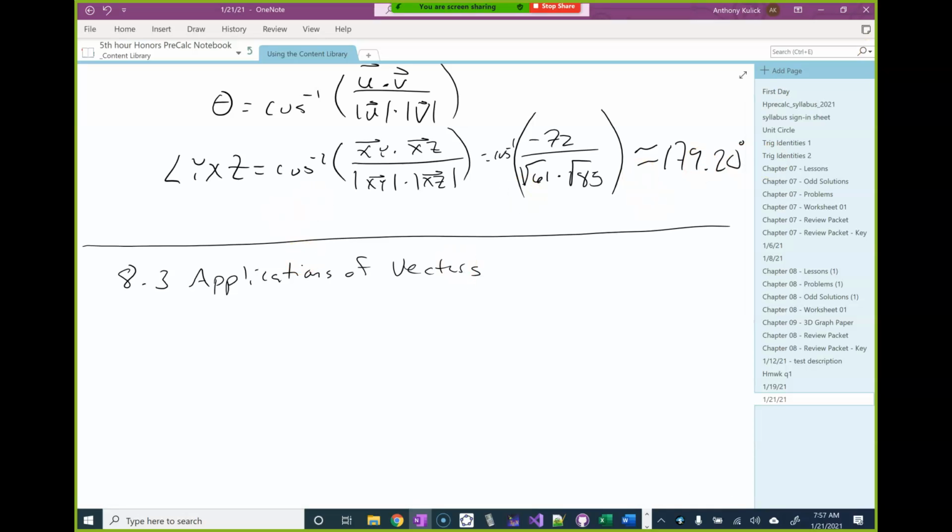Now, the first application we're already kind of familiar with, because this is the same kind of problem we dealt with in chapter 4 when we talked about bearing problems. You remember doing those bearing problems in first semester?